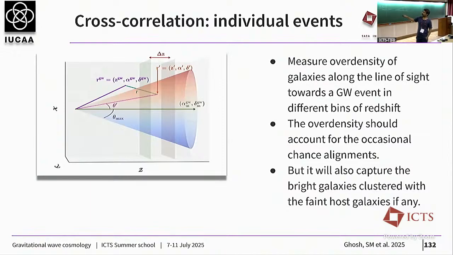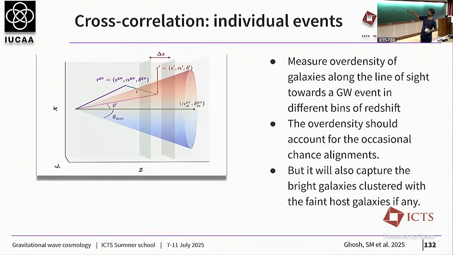You can have a gravitational wave event which is located at a certain region in the sky, let's suppose in that region. That's where at least the maximum posteriori probability is for the event to be localized. What you can do is you can count the number of galaxies within that region at different redshifts that are present. So let's suppose this is redshift bin Z min to Z max, some Z1, Z2.